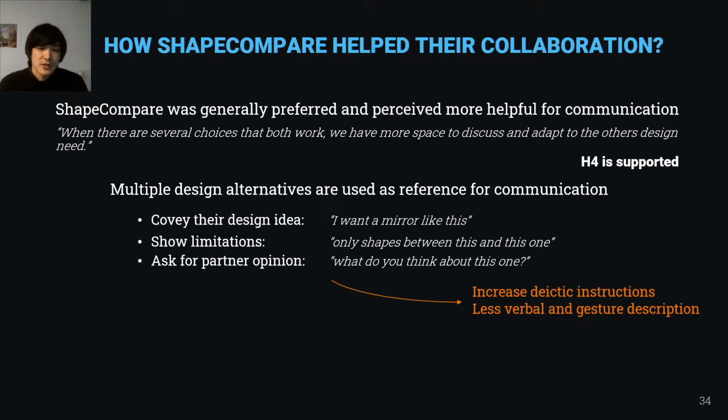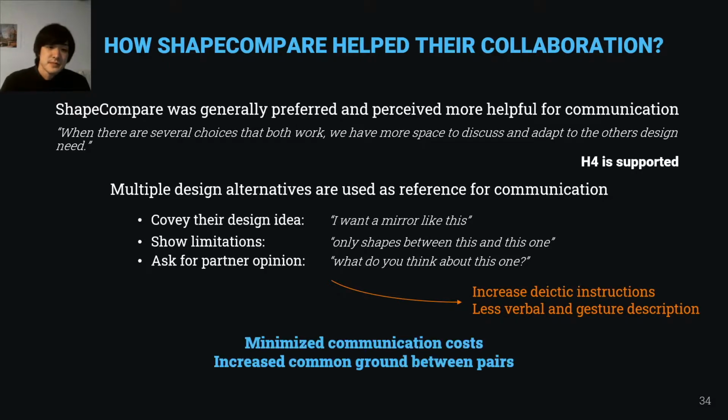It led to the increase of deictic instruction and the decrease of verbal or gesture description of their design idea with ShapeCompare. In other words, the use of design alternatives could minimize communication costs and increase common ground in communication. It is helpful to bridge the gaps in communication, especially between distinct experts who do not have common vocabularies.